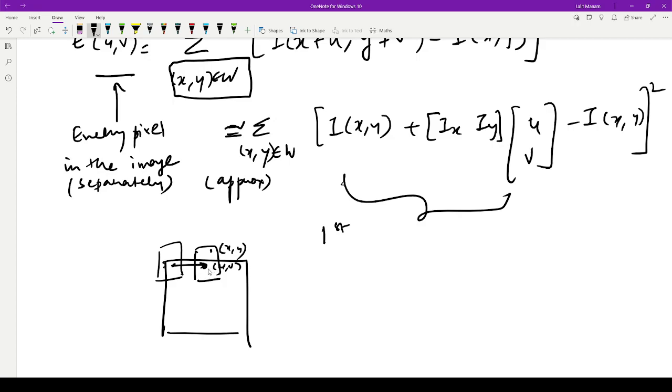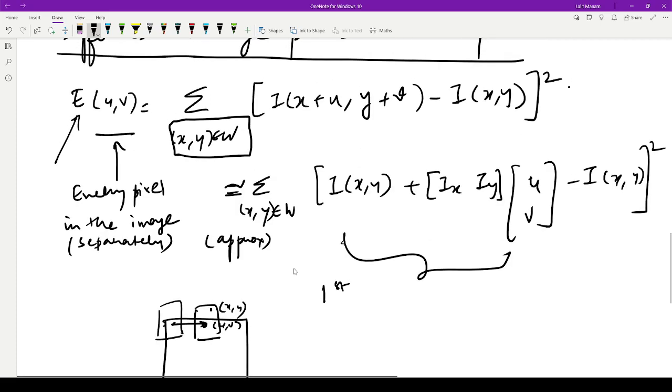That's all. So for every pixel in the image, we compute this E separately. Based on this, we do a first order approximation.